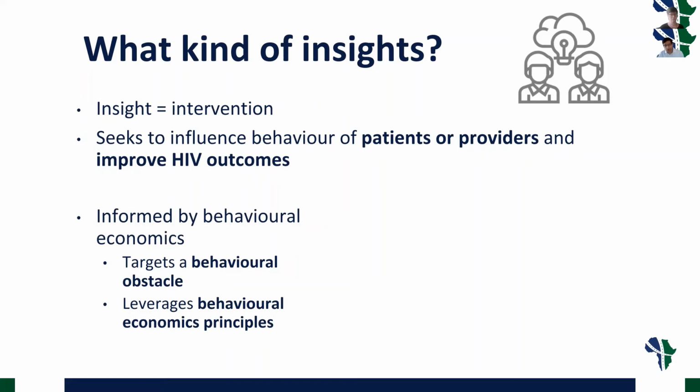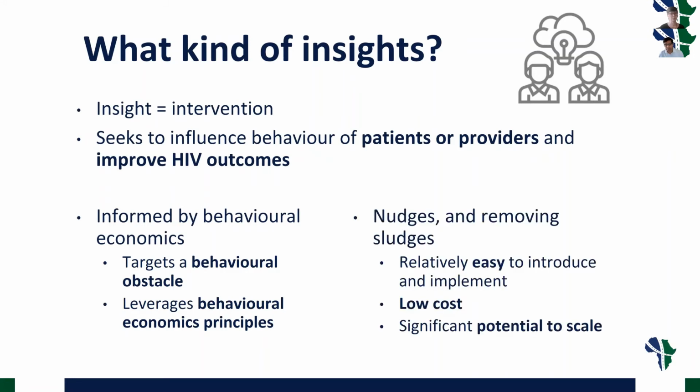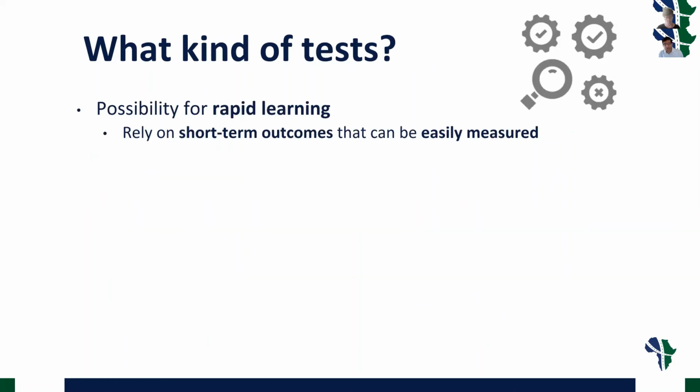But at its core, we would like to see these interventions engage some behavioral economics principles. And these could be interventions like nudges that are easy to introduce in programs, easy to implement. They could also be what we call removing sludges, or removing hassle factors that may be getting in the way of achieving better outcomes.